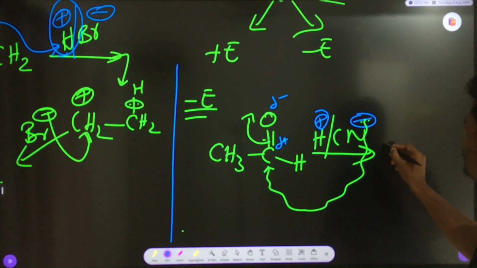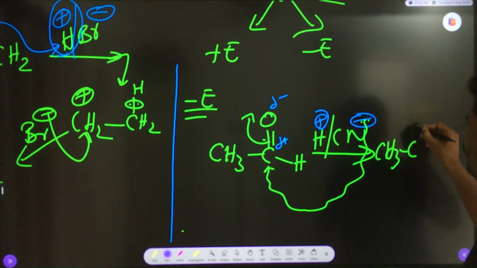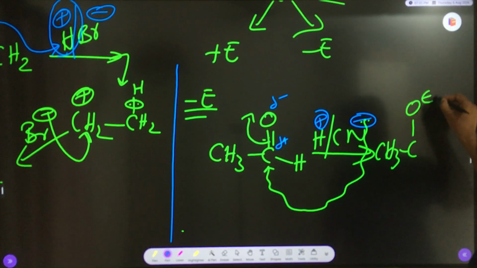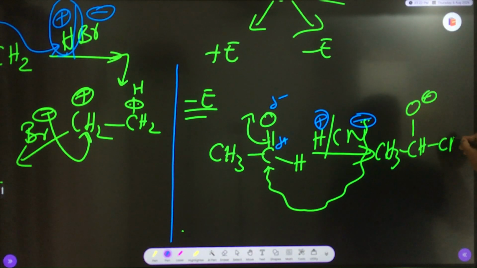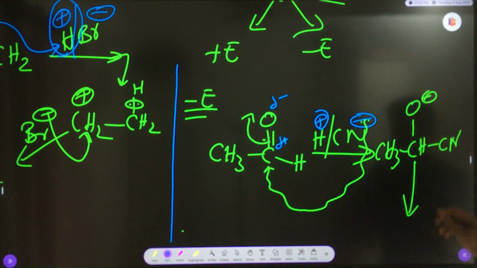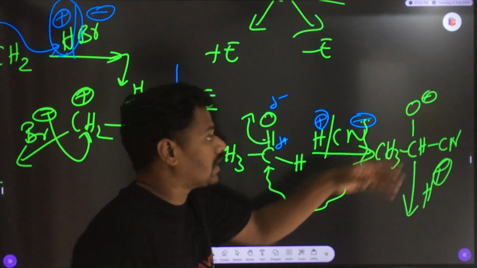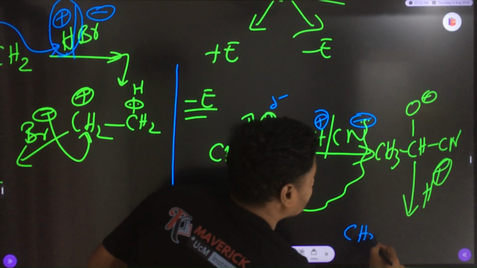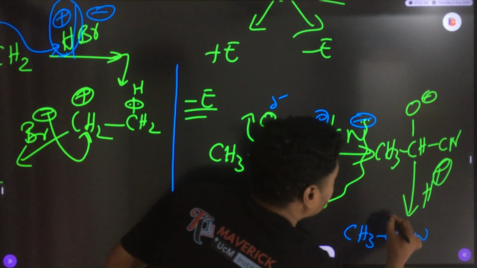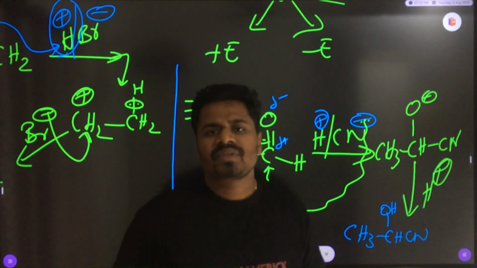That's it, you get an intermediate, with a minus charge, and you have hydrogen and the CN. Then it attacks, because it is going to neutralize the molecule. So the product will be CH3, CH, and CN, with one more OH.